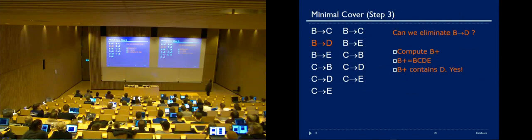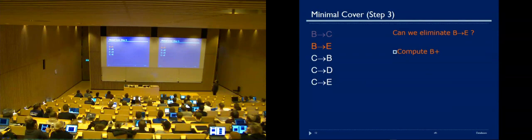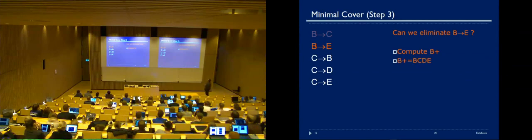So here we found that this one was redundant, and we eliminate it. So we continue now, and we check whether we can eliminate this one. Again, we compute the closure of B, provided that this one is eliminated. That one is, by the way, shaded because we checked it already.